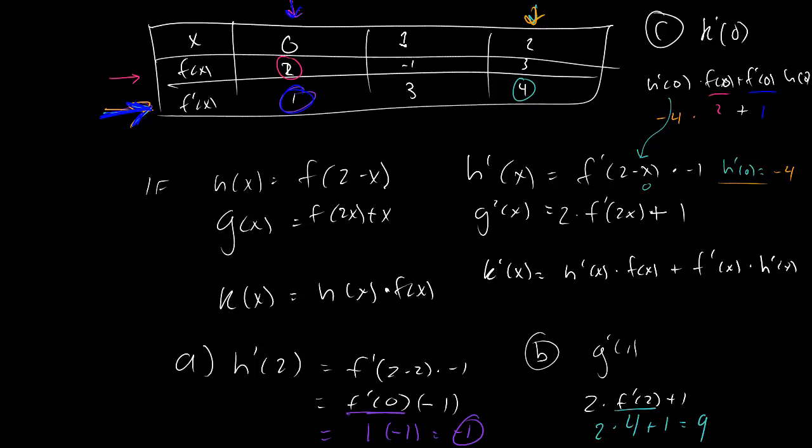And h of 0, so I come over to my h of 0 and get f of 2 minus 0, which is f of 2. So I look at my f column, I come over to my 2, and I get 3. So this is going to be negative 8 plus 3, which gives me negative 5.